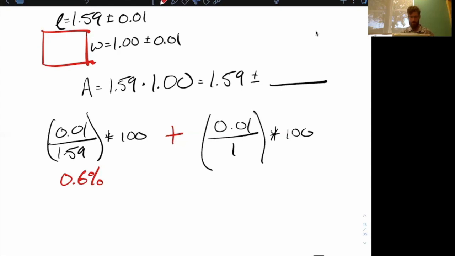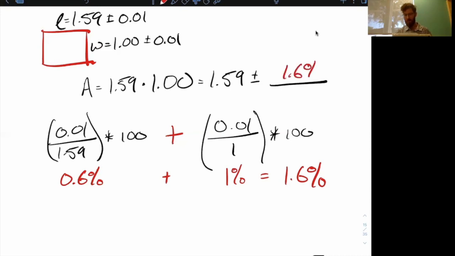And here we get our error of 1%. That's all it takes, ladies and gents. Add these two things together, 1.6%.